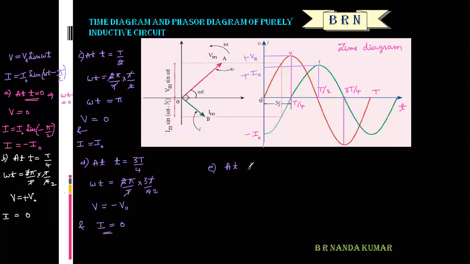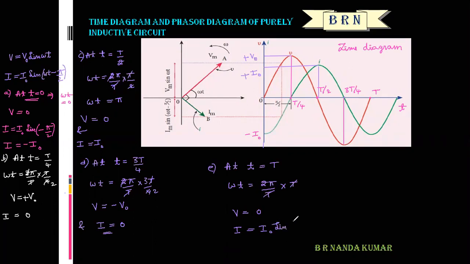And in the last phase, at time t is equal to T, what is the value of omega t? Omega is 2 pi by T into T. T cancels. So the voltage is V is equal to V naught sine 2 pi. Sine 2 pi is 0. And the current I is equal to I naught sine of 2 pi minus pi by 2.